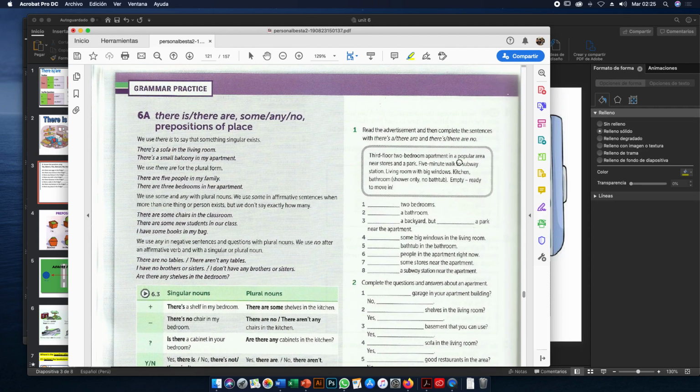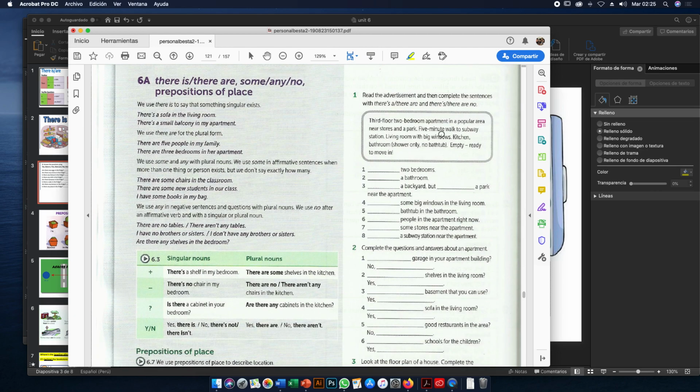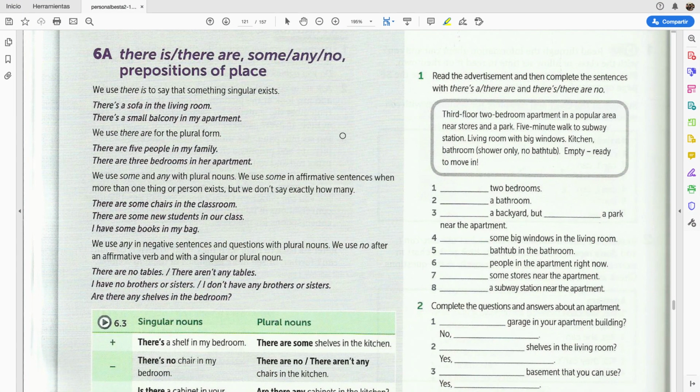So here it says, read the advertisements and then complete the sentences using there is, there's a, there are, there's, and there are no. So we have to read this first and then answer the questions. Let's see how we do it.